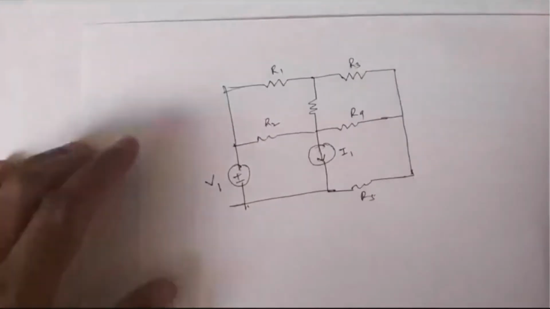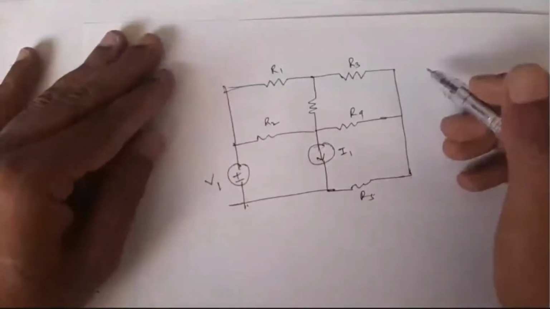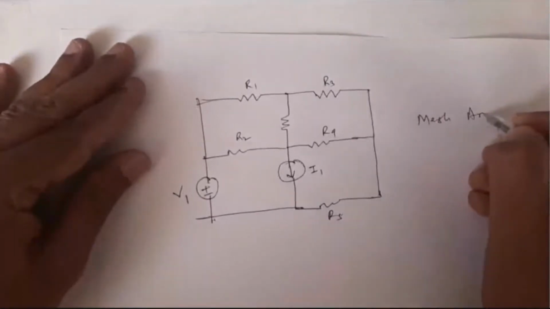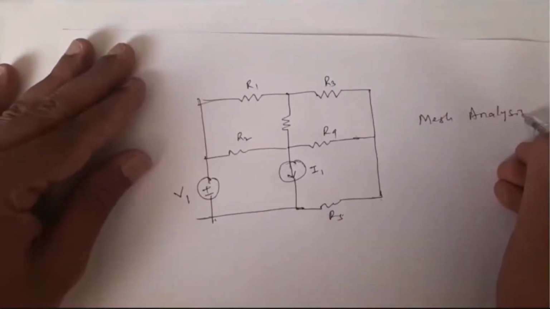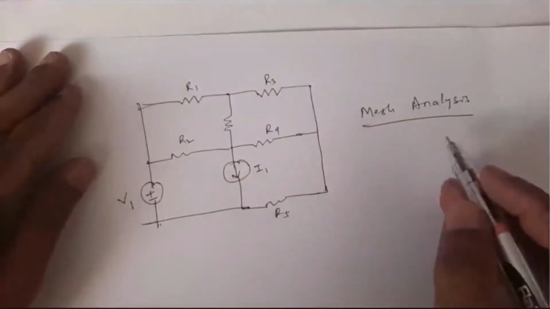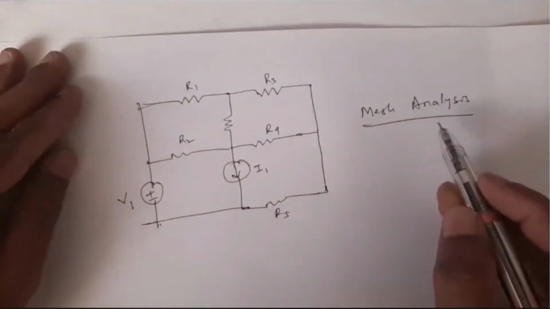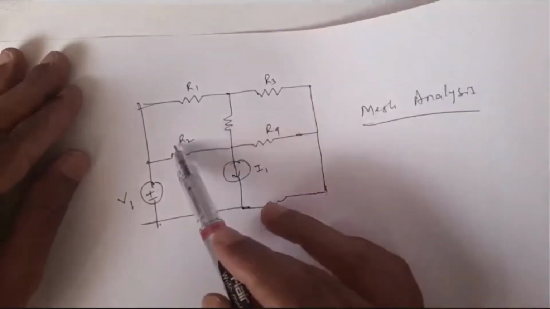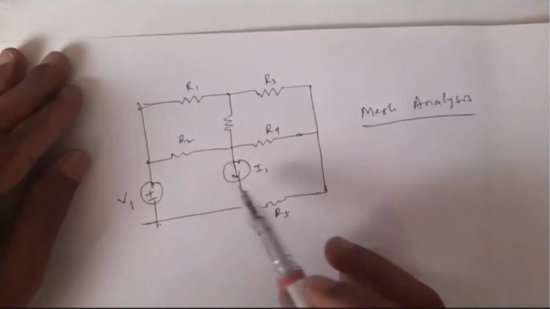Dear students, to solve any network using mesh analysis, we need to find how many meshes there are in that particular network. If you consider this network, there are four meshes: 1, 2, 3, and 4.